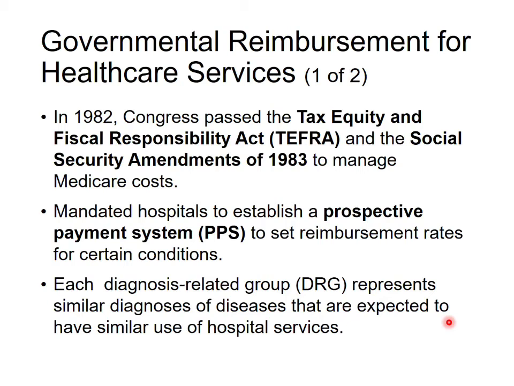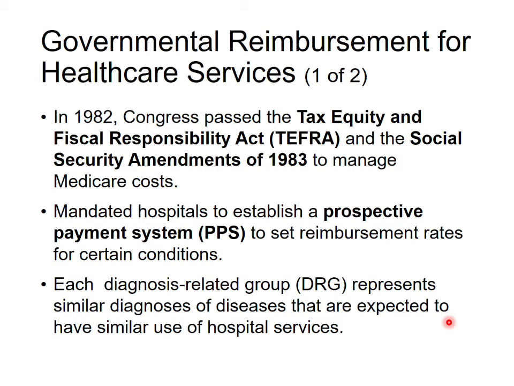Looking at the government reimbursement structure, again, this was done mainly through the Medicaid and Medicare programs, and there were certain reforms that needed to be done even when it came to these types of reimbursement services. So there was this prospective payment system that was set up to help identify, okay, these are going to be the costs associated with each diagnosis.